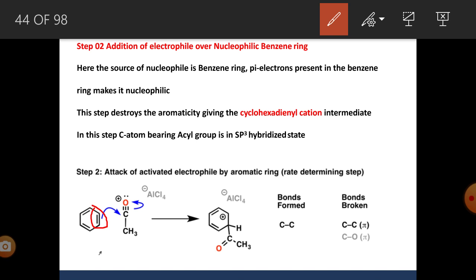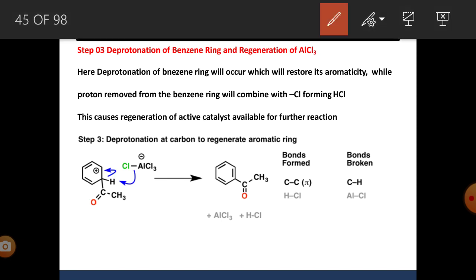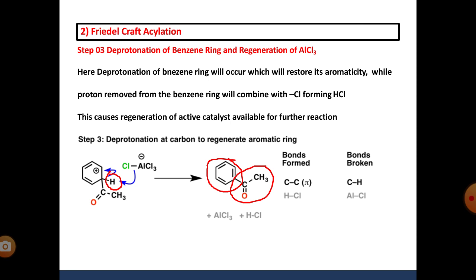Again, to retain aromaticity, one proton is lost. This hydrogen is removed as a proton and the covalent pair shifts inside to retain aromaticity. Again benzene has 3 pi pairs and this as a substituent. So this is acetophenone.